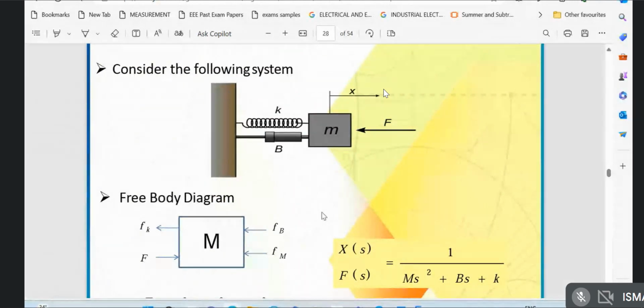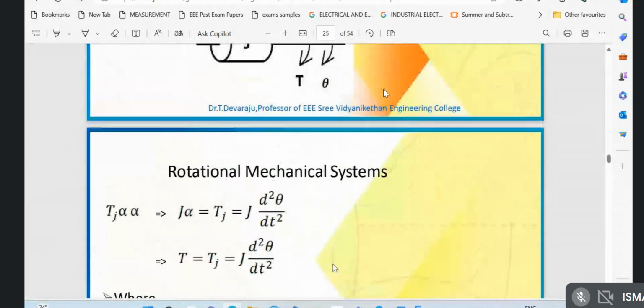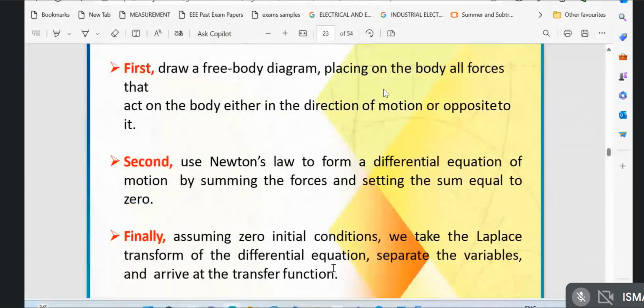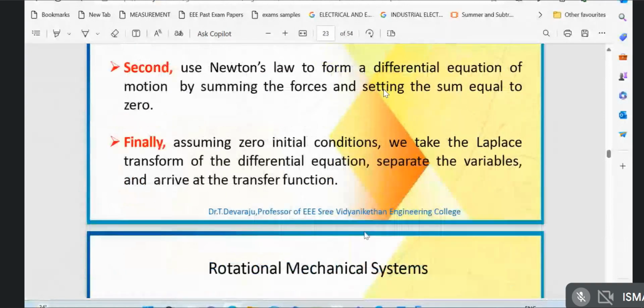Just like we said initially, you start by drawing the free body diagram, placing on the body all the forces that are acting on it, opposing and also not opposing. Second, use Newton's laws to get the differential equations, and then finally sum them up and set them to zero.